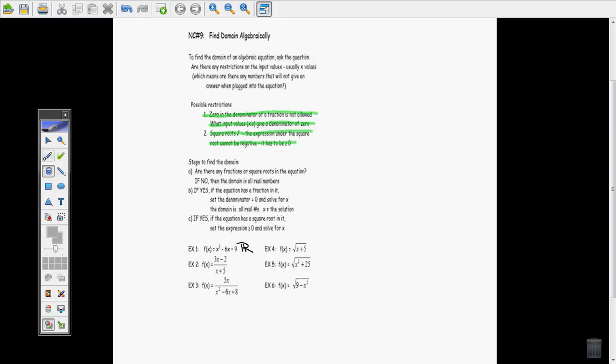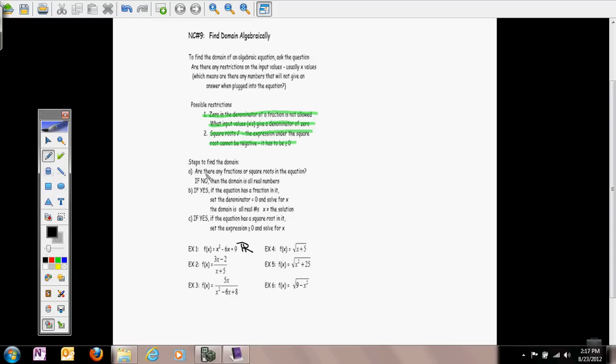Example 2 has a fraction. B says if yes, the equation has a fraction in it, and I'm not going to read all this. Basically, if it has a fraction, the denominator cannot be 0 ever. So I want to find the restriction itself.